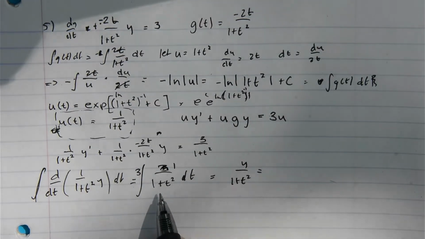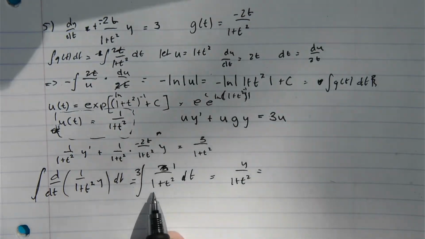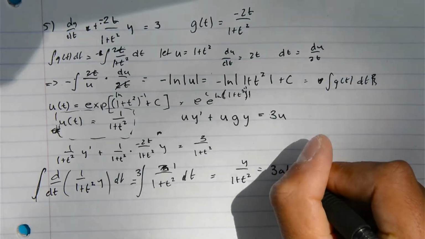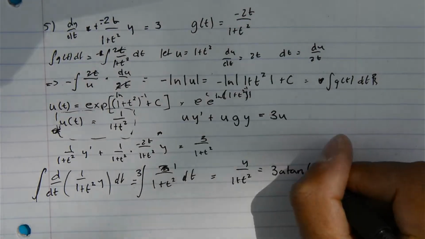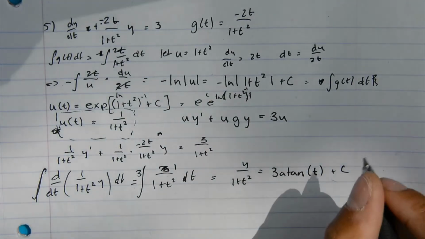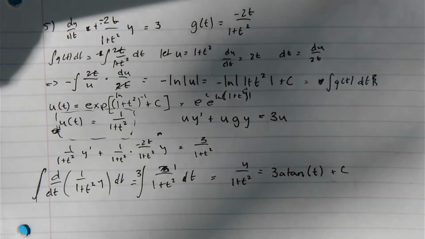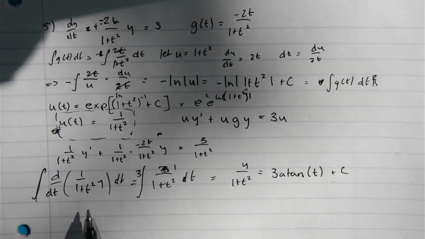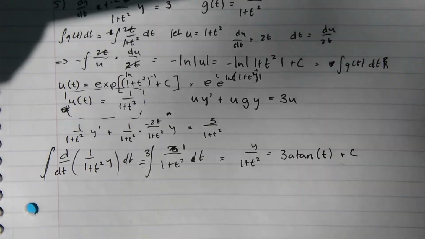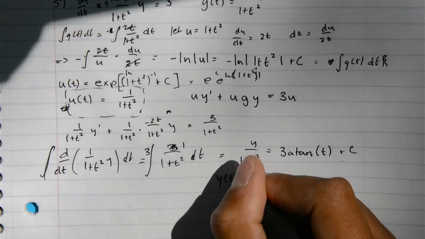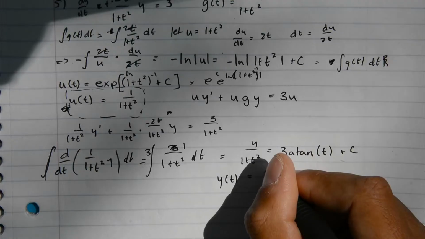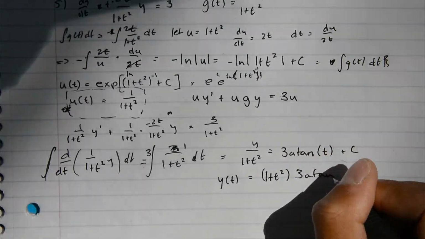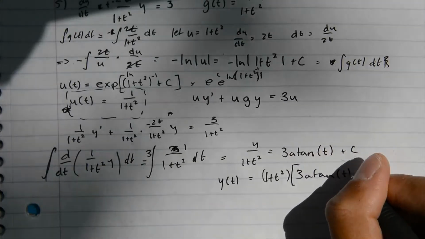And then I'm pretty sure that this is arctangent. I never remember these things, but I'm pretty sure that this is just going to be 3 arctan t plus c or something like that. These ones I need to refresh my memory of. But then that would make the final solution y of t equal to 1 plus t squared times 3 arctan t plus c.